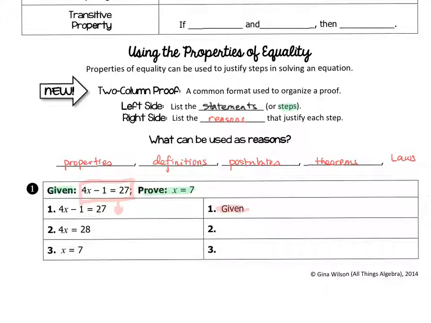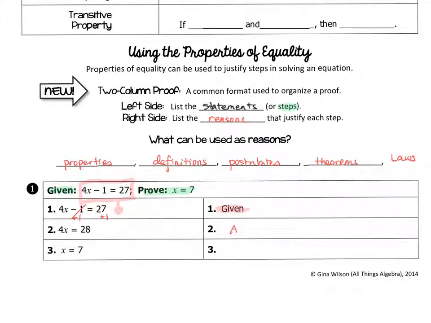So first statement is always the original problem, and the first reason is always given. Then I begin to simplify that. I begin to solve the problem, and what I will do here is I will use inverse operation. I add 1 on both sides, so that's how I end up with the second statement, 4x equals 28.